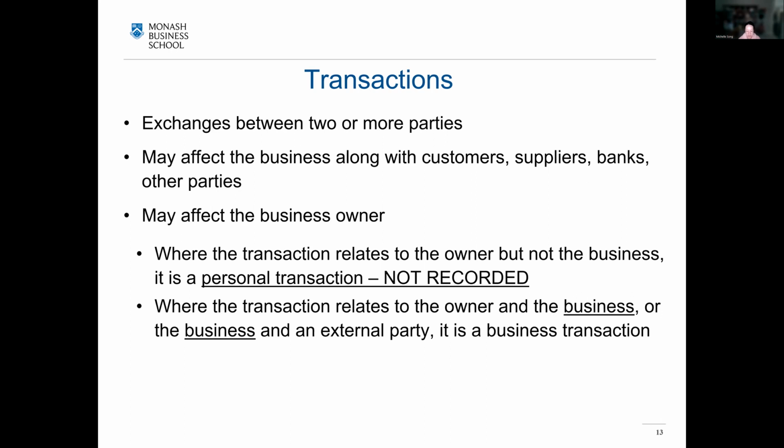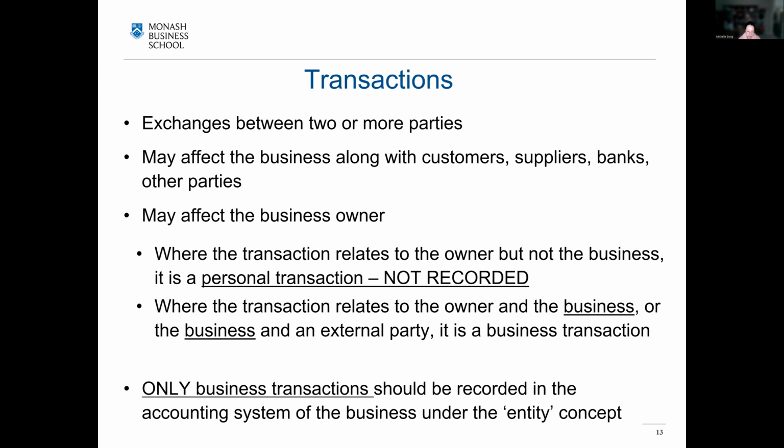But if a transaction is related to the business in any way, we will have to recognize the transaction in the journal entry or in the accounting system of the business. Again, we only focus on business transactions because a business is a different entity or a separate party from the owner. We do not record personal transactions.